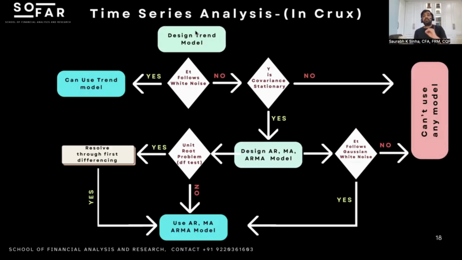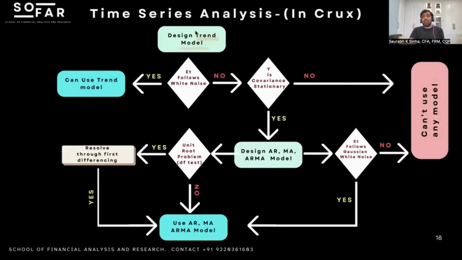And you will never ever forget time series analysis in your life. You have to be a bit interactive because I haven't talked about what is a trend model, what is an ARMA model. I have just given you some words about it. To make this flowchart very intuitive, just be a bit interactive when we do the discussion.